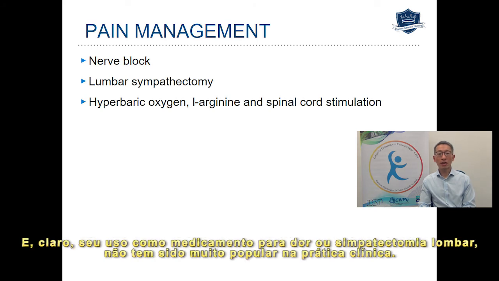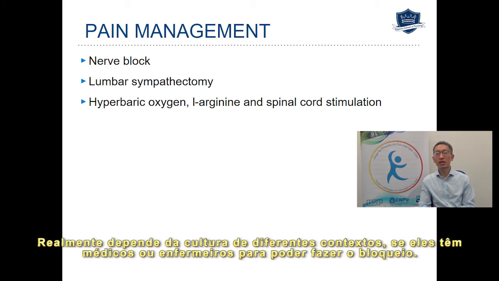And of course, with pain management, we cannot escape the use of nerve block and also lumbar sympathectomy as a very, very effective intervention to block the entire pain pathway. It has not been very popular in clinical practice. It really depends on the culture of different settings, whether they have physicians or nurse practitioners, in my country, able to do the block.